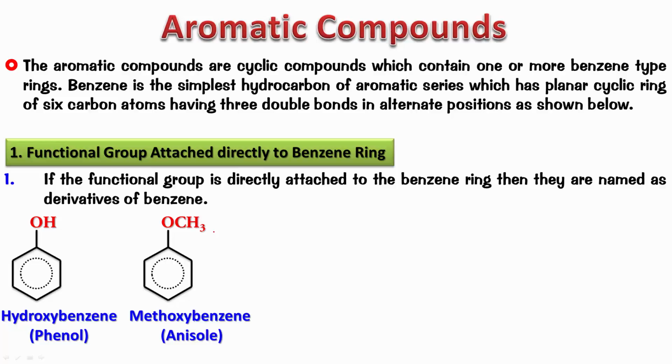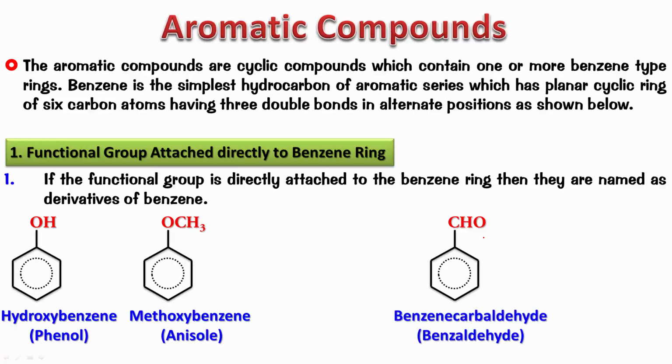But what would you call this? Now remember, we never called this as a substituent. So we will call it benzene carbaldehyde. Just like any other cyclic aldehyde, this is benzene carbaldehyde, also known as benzaldehyde, and that is the common name accepted. What would you call this one?